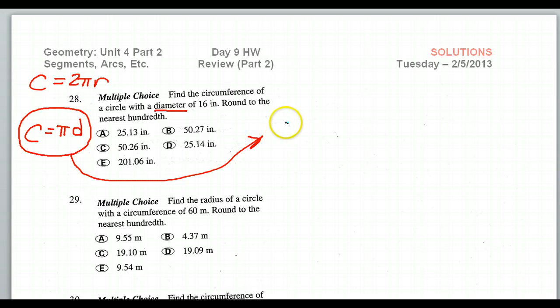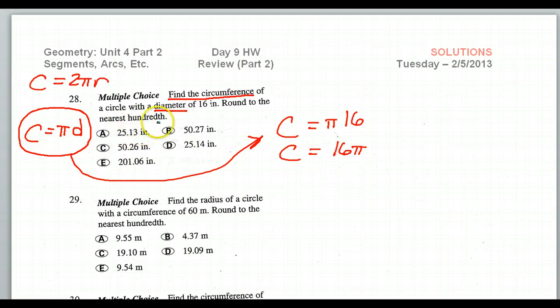Okay, so if we go to do that, circumference is equal to pi times 16, which we wouldn't even really write down. We would write 16 pi. So that is the circumference, and we're supposed to find the circumference. That's our job. So this is the answer.